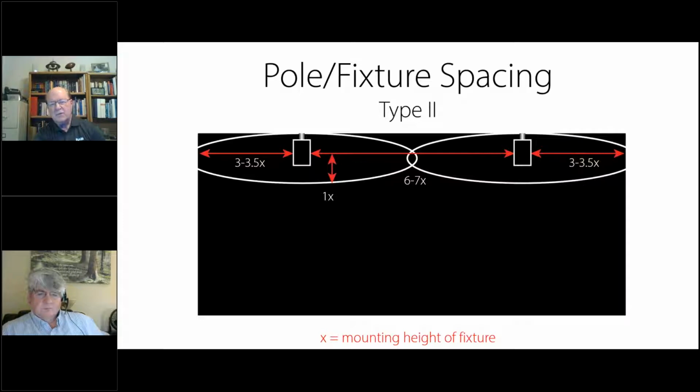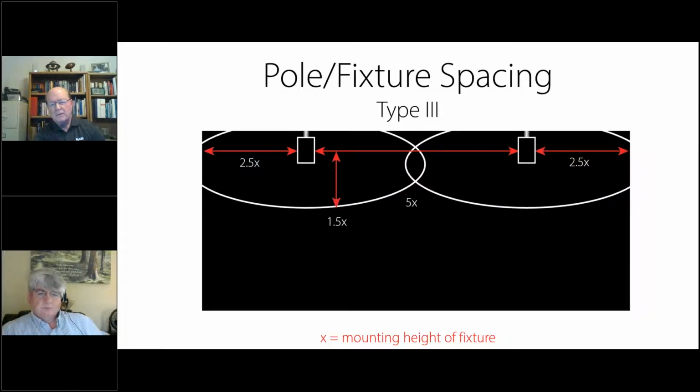Okay. Now, let's go from a 2. Next one is a 3. So, Donald, tell us what happens when we go from a 2 to a 3. The numbers just change. Please explain that for us. Sure. So we're shortening up the side-to-side spacing, and we're pushing more light out to the front.